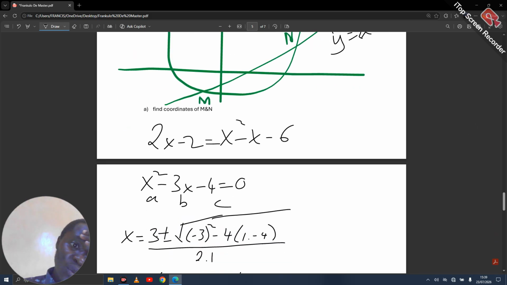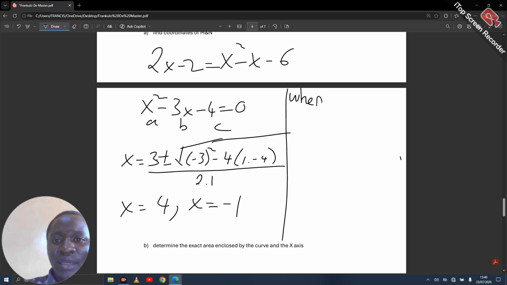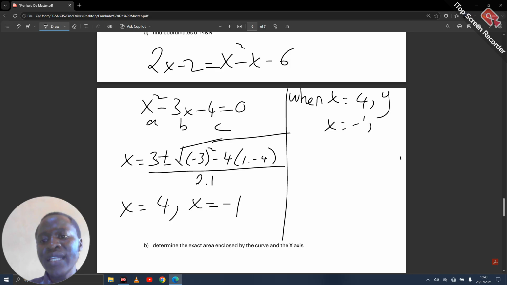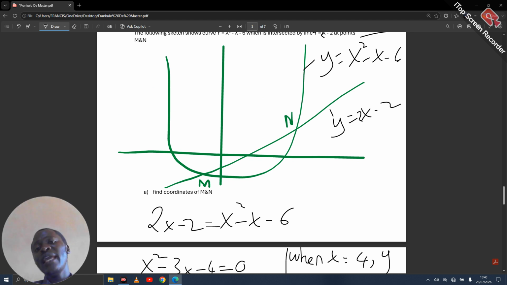Remember what the question wants: the coordinates of M and N. So write, when x equals 4, what is y? And when x equals negative 1, what is y? You can either use the equation for the straight line or the equation for the function.